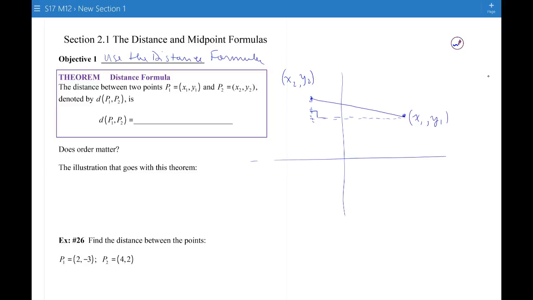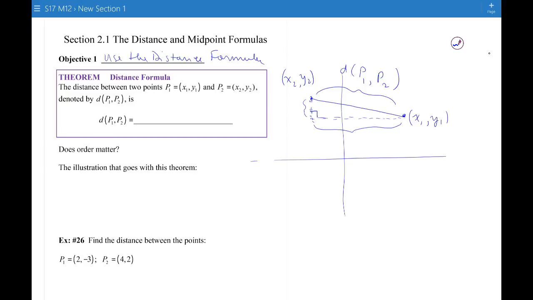In a right triangle, if you find the length of one side and square it, plus the length of the other side and square it, you'll get the length of the hypotenuse squared. This length of the hypotenuse is what we're calling the distance between point 1 and point 2. That's the notation we're using.